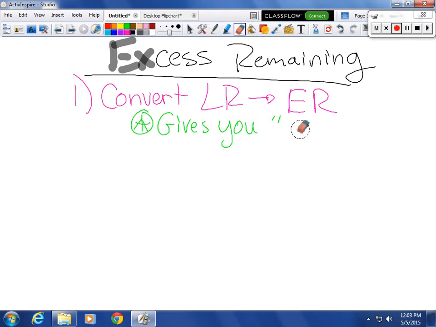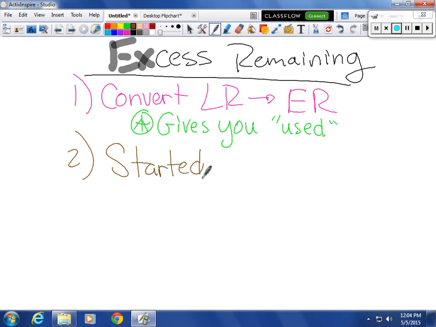Wow, used doesn't start with an S. Okay. Does anybody remember step number 2? Very good. It started with starting, minus used is equal to the remaining.